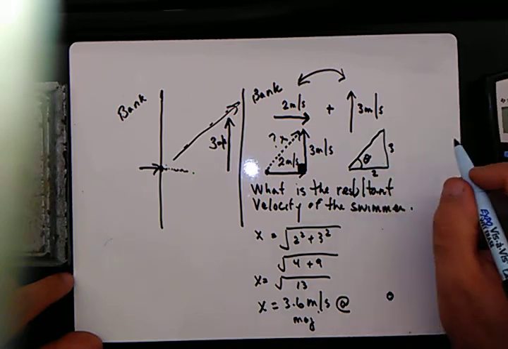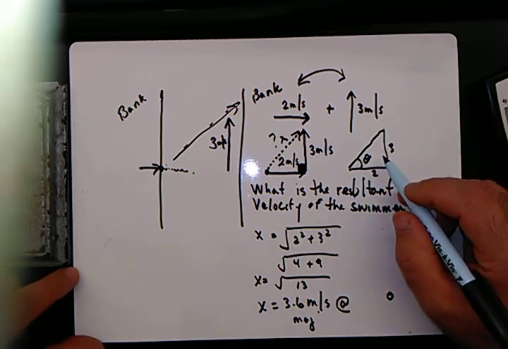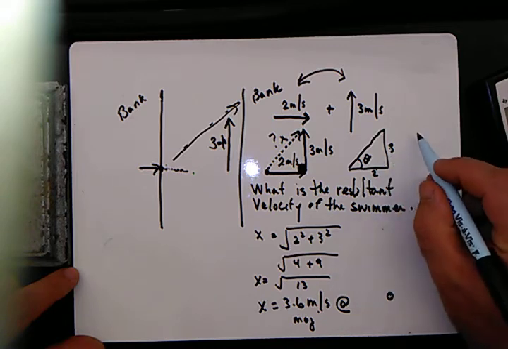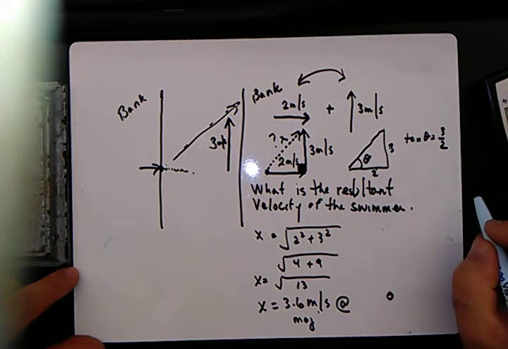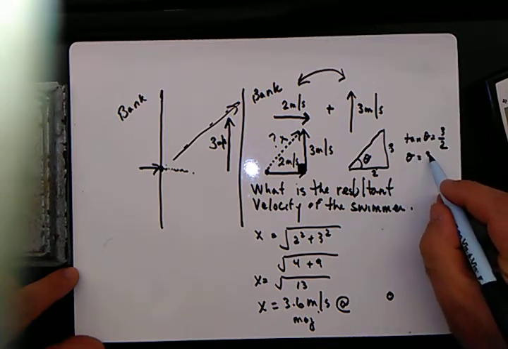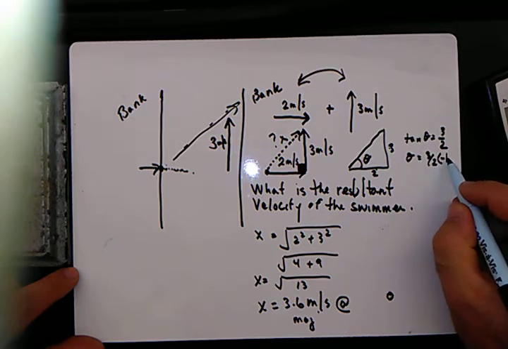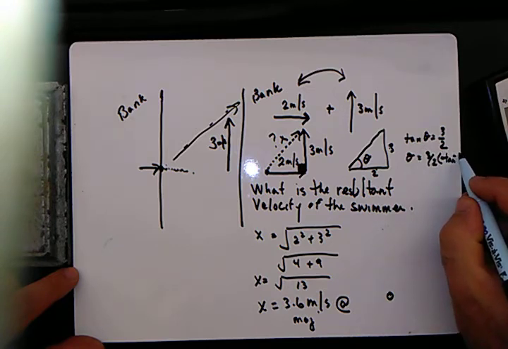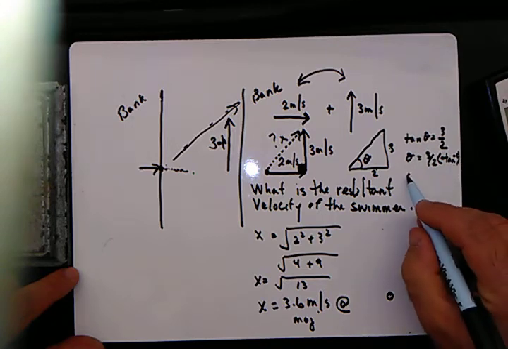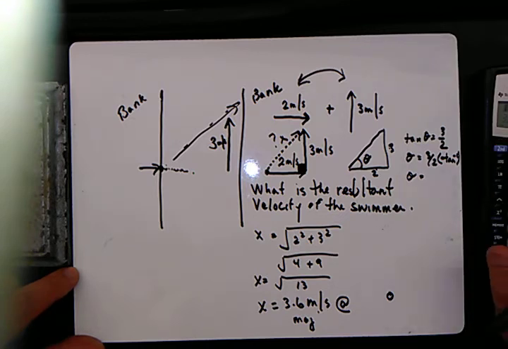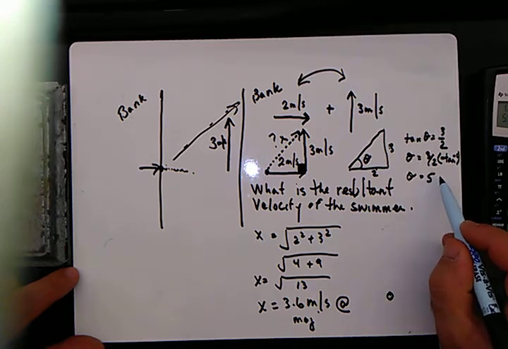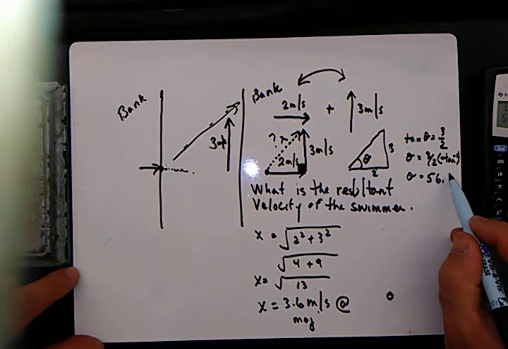And so how we do that is use a little bit of trig. Opposite and adjacent, so tangent of the angle is 3/2. Okay, the angle is tangent to the -1 of 3/2. Okay, so the angle ends up being 56.3 degrees.